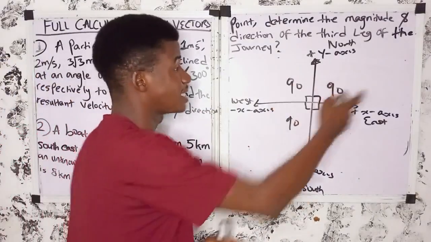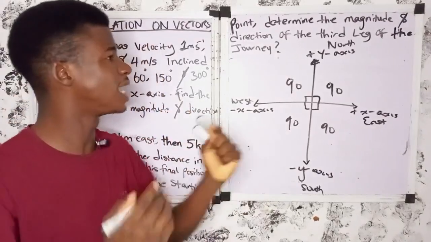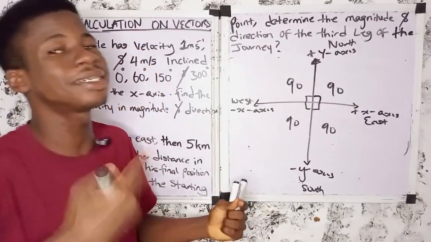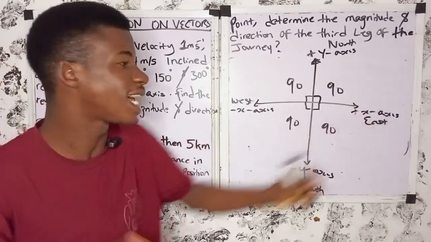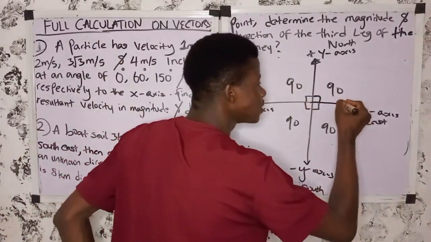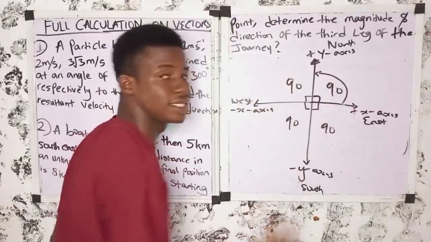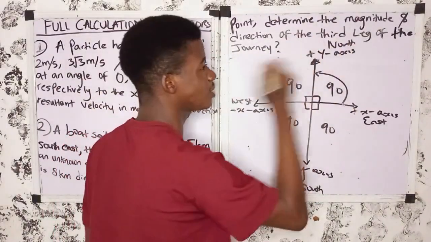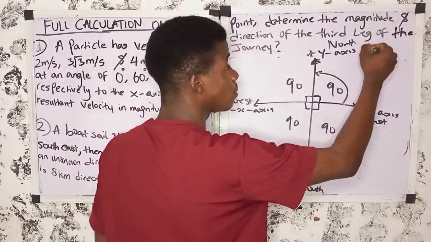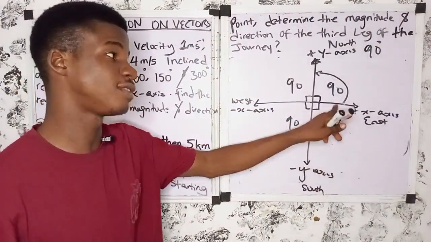If they ask you the angle in the north direction, we make reference to the positive x-axis, from here to here, 90 degrees. So north, or positive y-axis, is 90 degrees with reference to x.